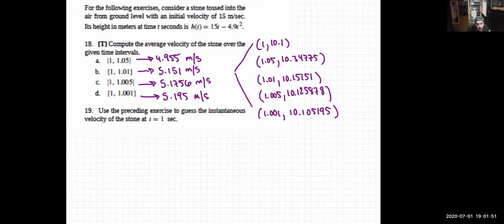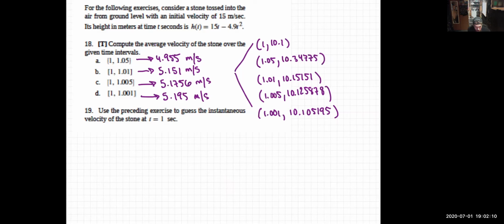All right, so now use the preceding exercise to guess the instantaneous velocity of the stone at t equals 1 second. Based on this, it seems like we're slowly getting closer to, I would guess, 5.2.